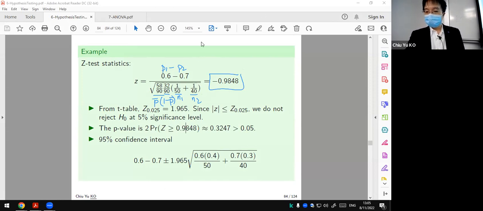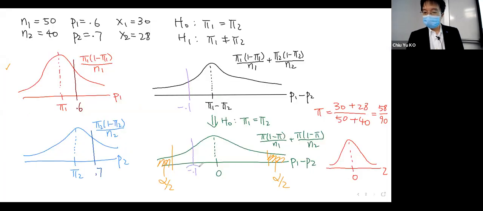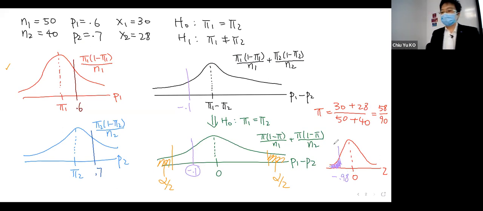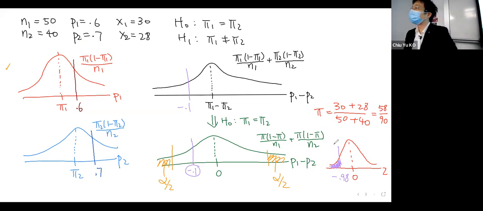So let's see the idea here. This is negative 0.1, and going to the Z normal bell, it is negative 0.98. So we want to check this area. If this area multiplied by 2 is bigger or smaller than alpha? How can we find this?